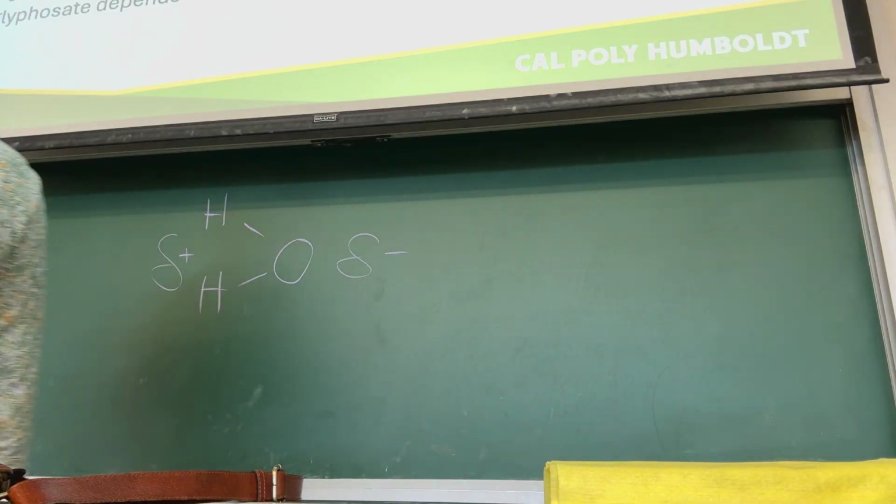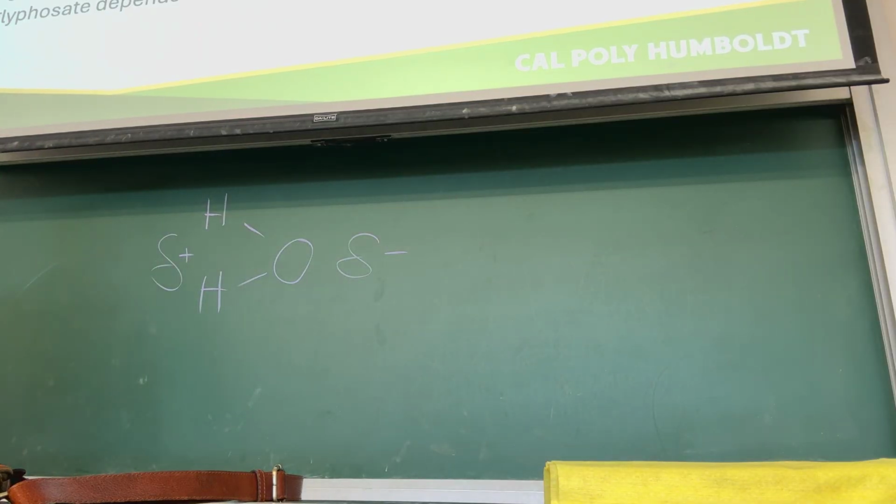Now, oftentimes glyphosate, which is Roundup, the active compound in Roundup, is identified as a high persistence environmental contaminant or a high persistence pesticide.